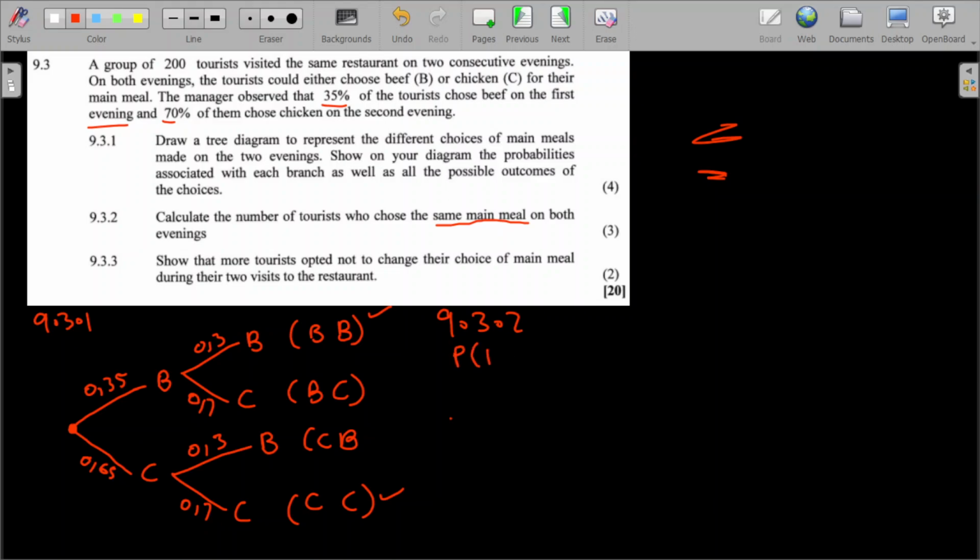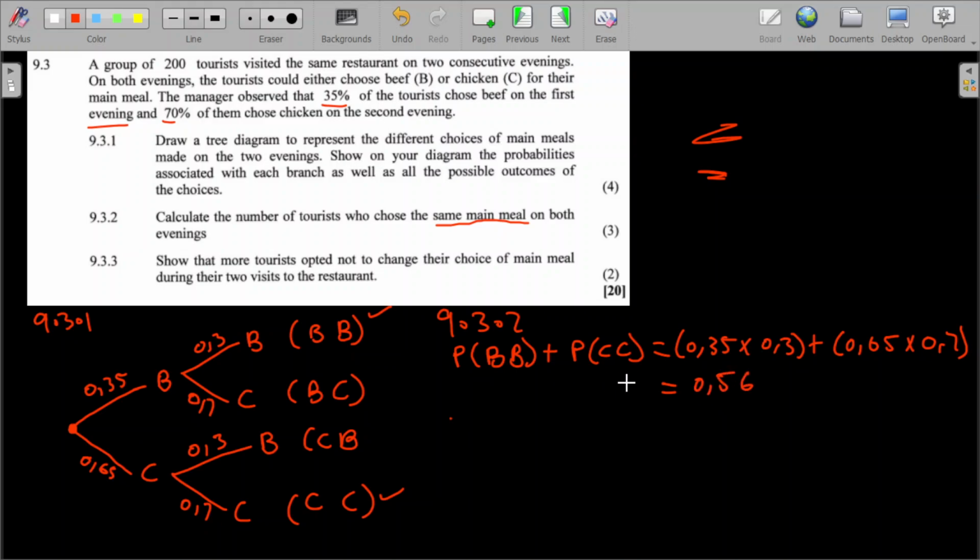The probability of beef and beef plus the probability of chicken and chicken, which is going to be 0.35 times 0.3 plus 0.65 times 0.7, which gives me the answer of 0.56. So this is the probability of the tourists who choose the same meal on both evenings.